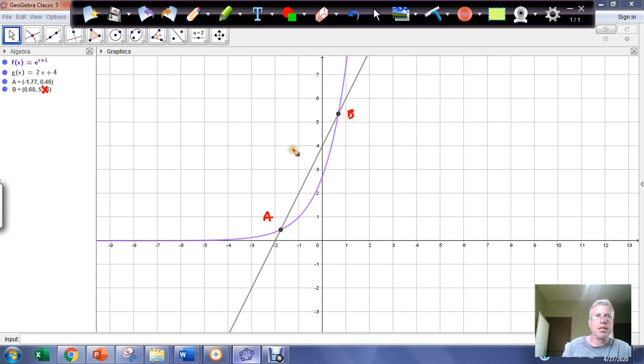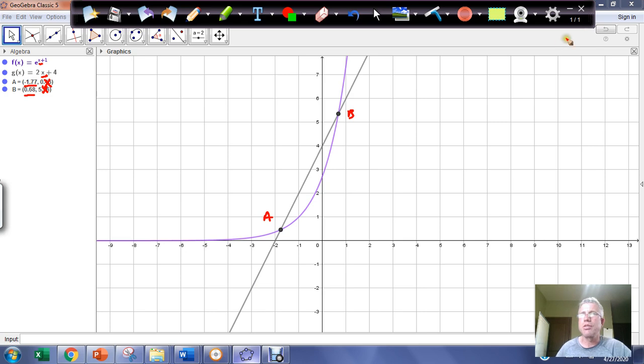This is point B. And the y coordinates aren't what we're after because we were looking for x. So that's going to be the negative 1.77 and the 0.68. We would just need to report those two numbers as our solutions, two decimal places because it's said to the nearest hundredth. So again, the solutions are sitting right here.